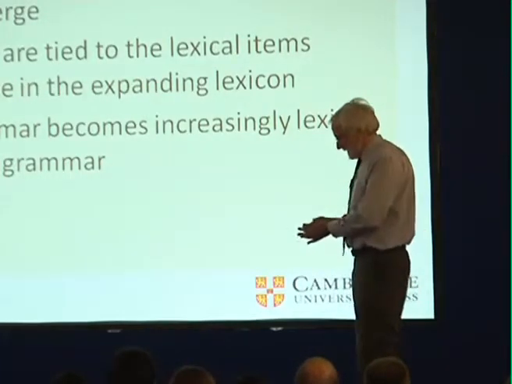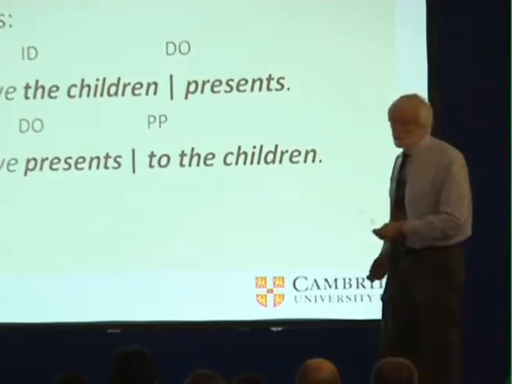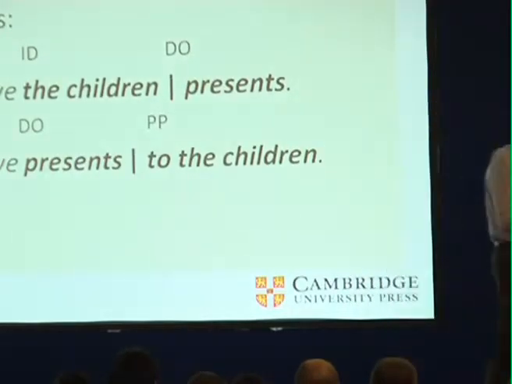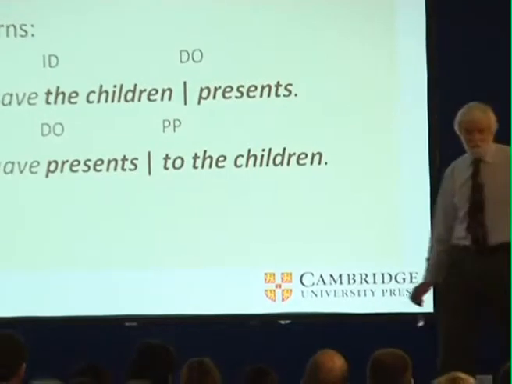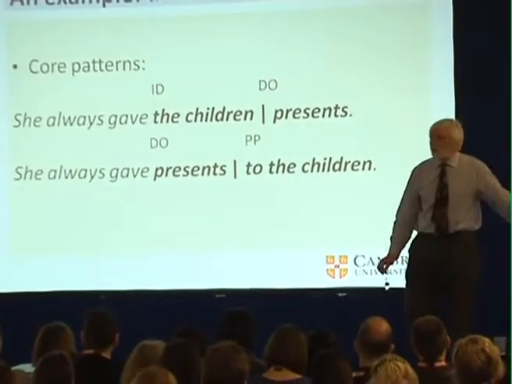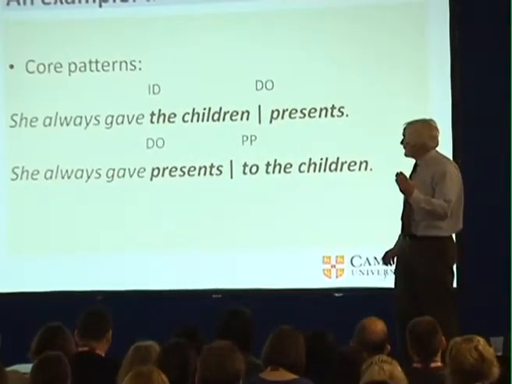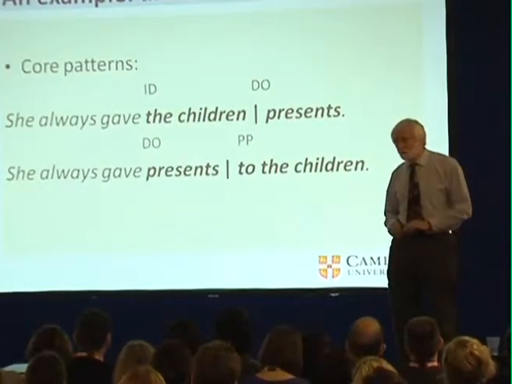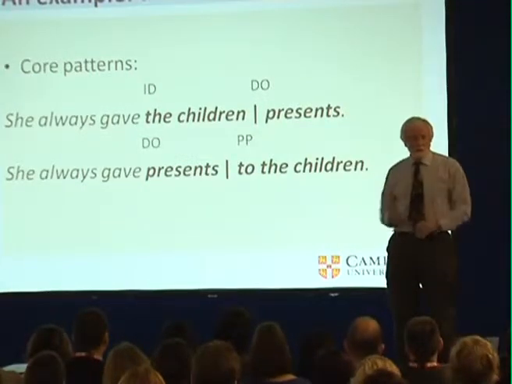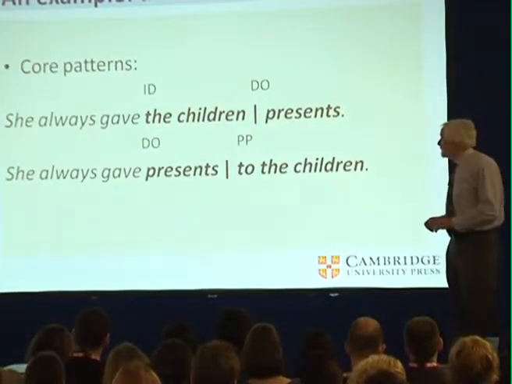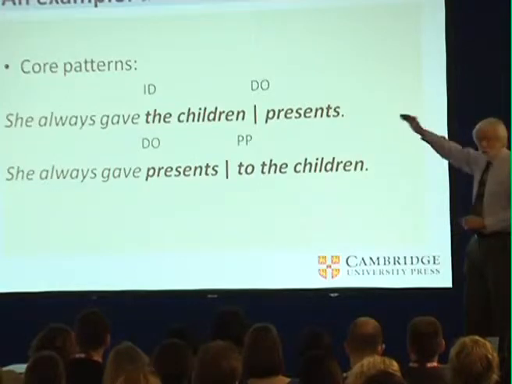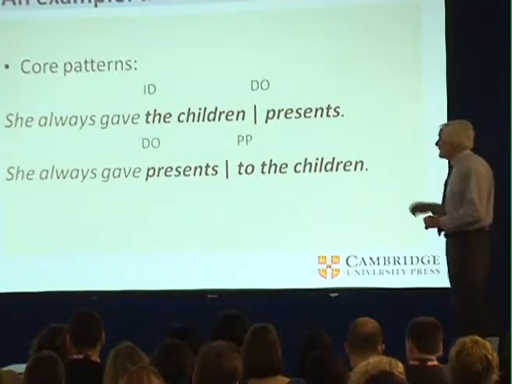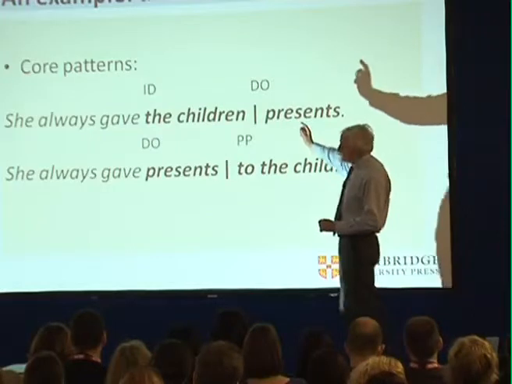I want to show you an example then of these patterns, and this is some research which I did with ditransitive verbs. Sounds like a character from South Wales. It simply means verbs that have two kinds of objects, two kinds of predicates upon them. So a classic core choice in English is between the indirect object and direct object pattern.